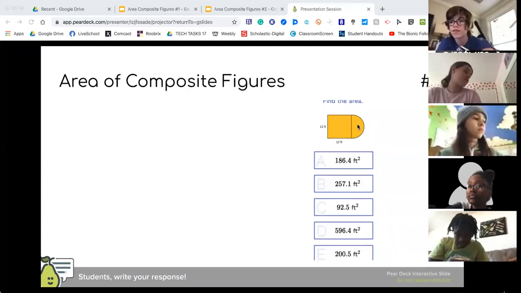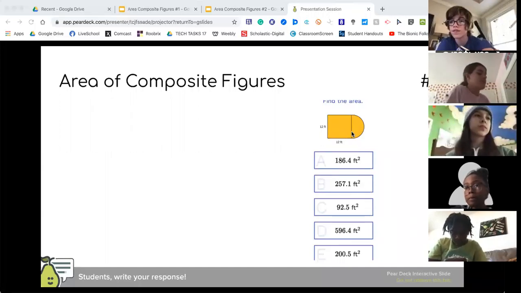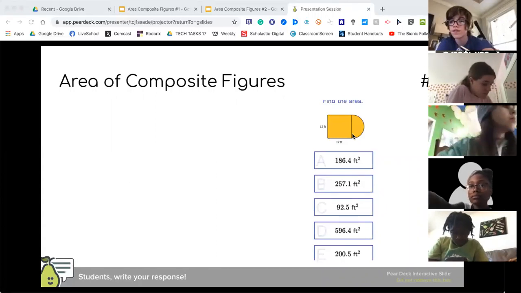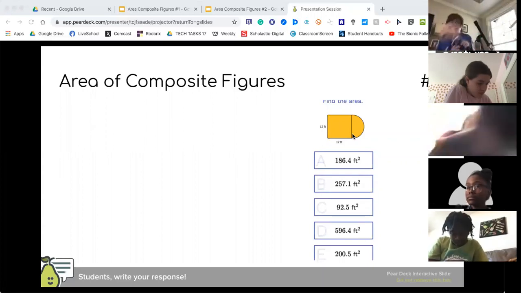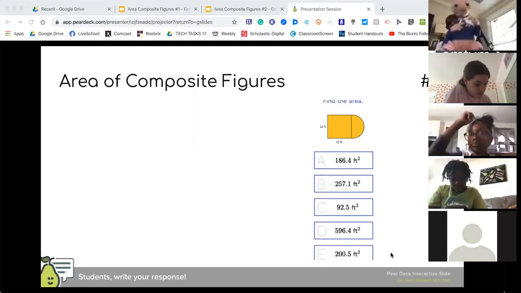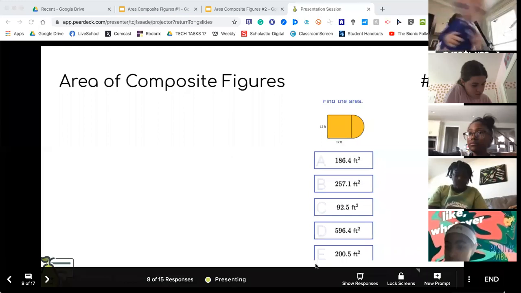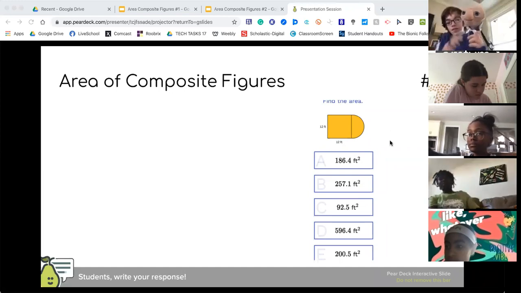The diameter is 12, so I need the radius, which is 6. 6 times 6 is 36 times 3.14, which you can do on your calculator on that Google site.